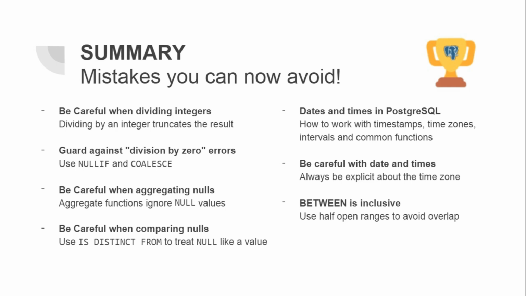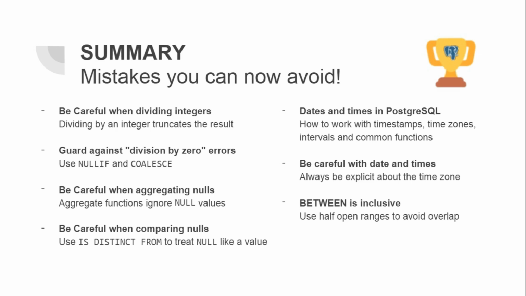Next, we saw different ways of working with null. We also saw that when you compare literal values such as strings, dates, and integers with null, you can get unexpected results. One way of dealing with it is to use the special comparison operator IS DISTINCT FROM.